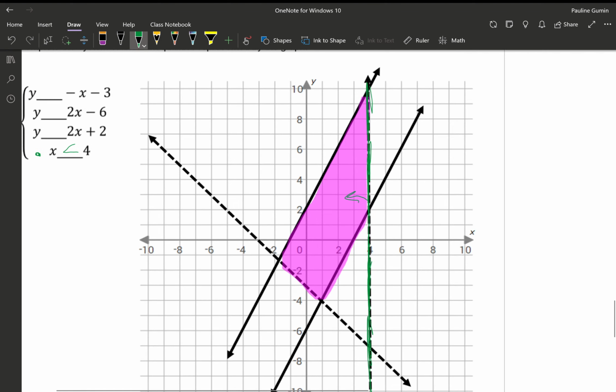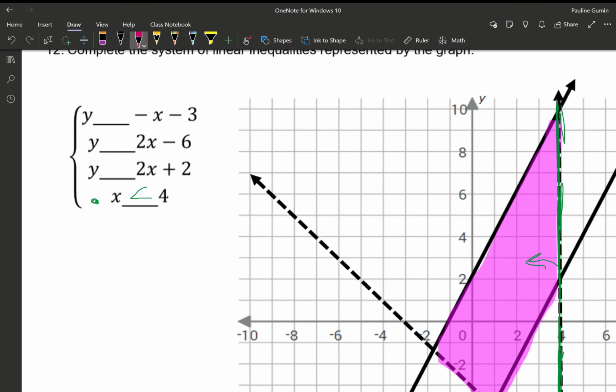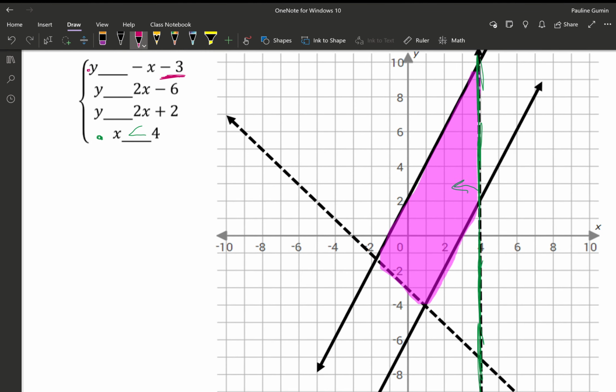Okay, now let's figure out the rest of the lines. Since they're all diagonals, we don't have any horizontal ones to look at. We're going to look at our y-intercepts. That's how I determine which line is which. So the first one has a y-intercept at -3. So let's find which line goes through -3. It looks like it's this one right here.